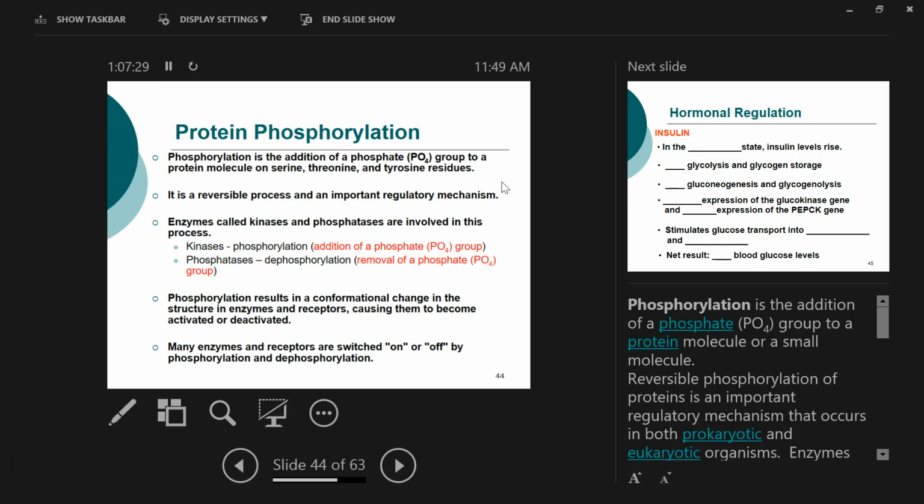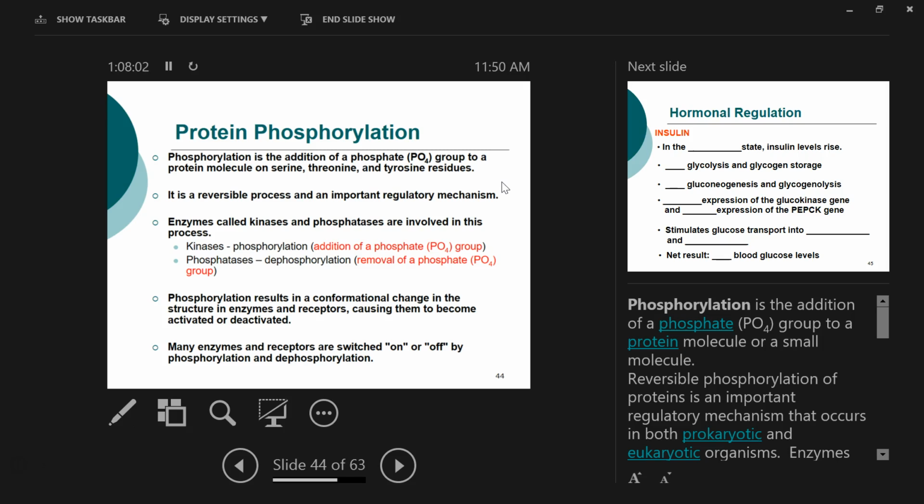So the enzyme activity will change, depending on whether the protein is phosphorylated or dephosphorylated. Serine, threonine, and tyrosine are the most common amino acid residues on the protein that can have a phosphate group added or removed.